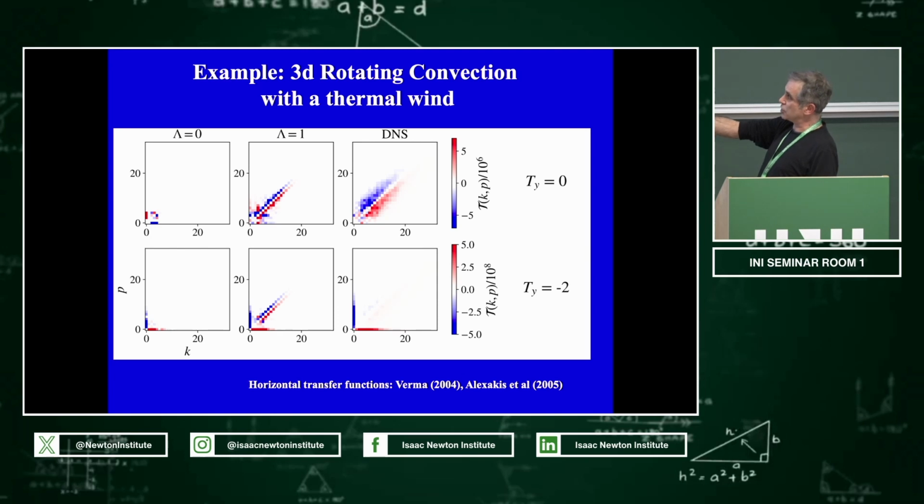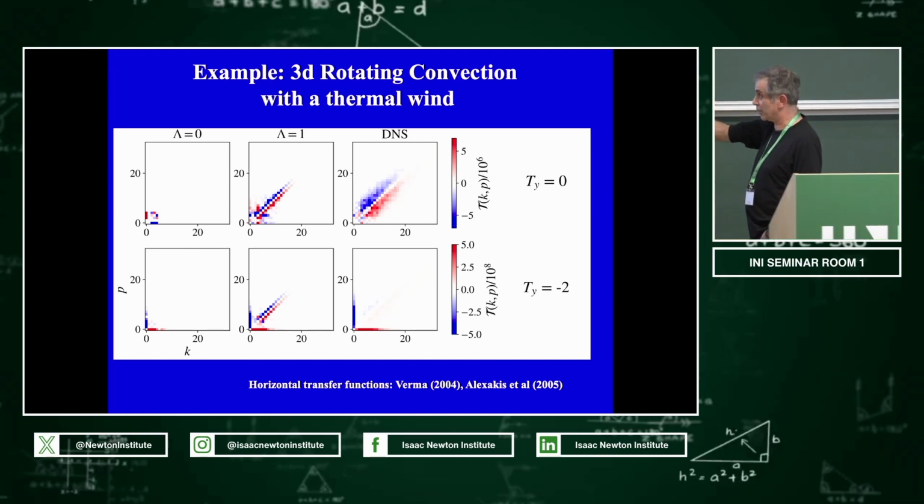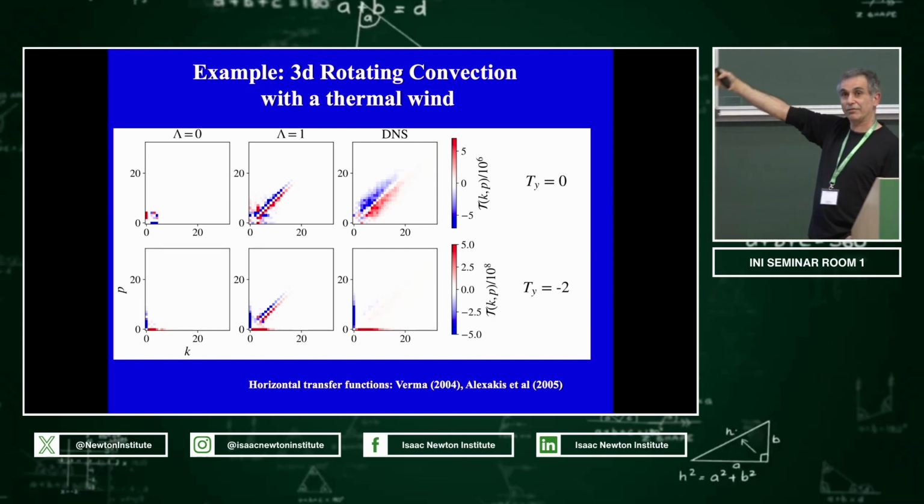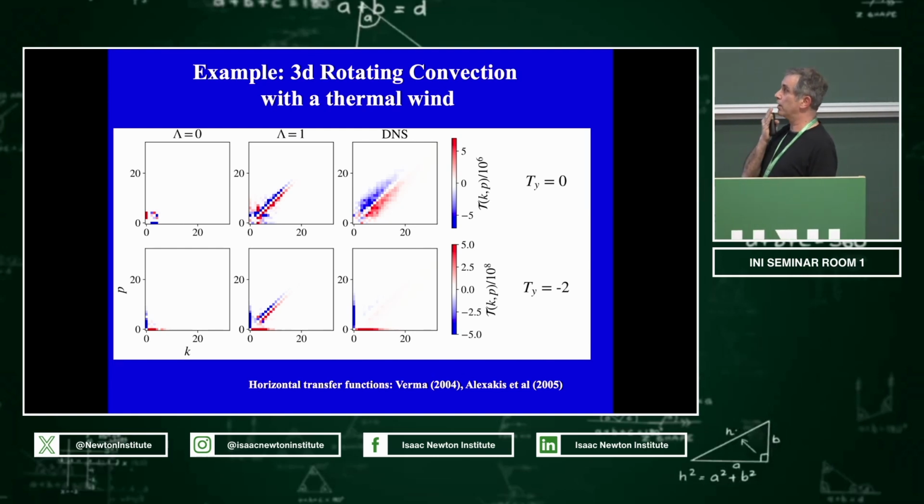You can capture some of it in the generalized quasilinear approximation, essentially through this process of scattering off a mean. So you can put energy from 10 into 11 by scattering off 1. But when Ty is minus 2, the dominant energy transfer is directly into and out of the mean.